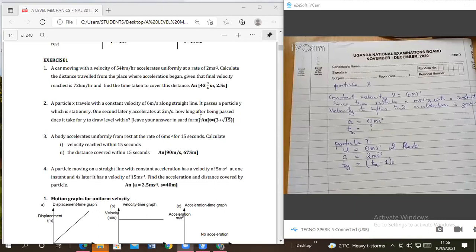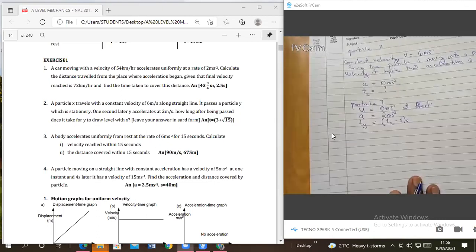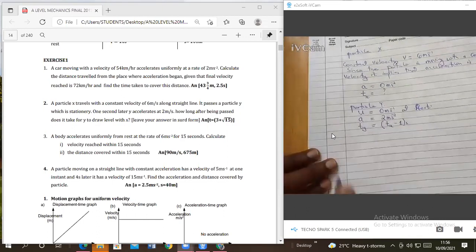Then they're saying, how long after being passed does it take Y to draw level with particle X? Which means they're asking for time.